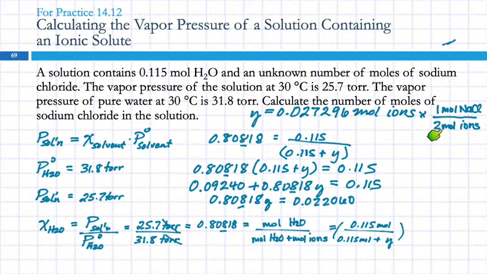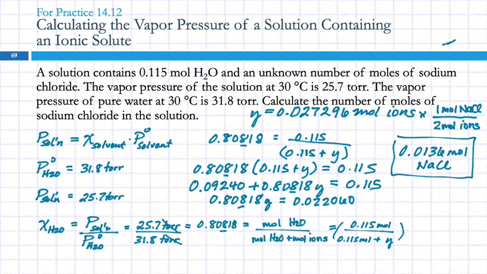Well, for every 1 mole of sodium chloride, you get 2 moles of ions, and then you don't have to think about it. You have to divide by 2. And I'm going to round to 3 figs, 0.0136. That one is a little bit tricky, but that's the kind of trick you should expect, possibly on my exam or on the ACS final.